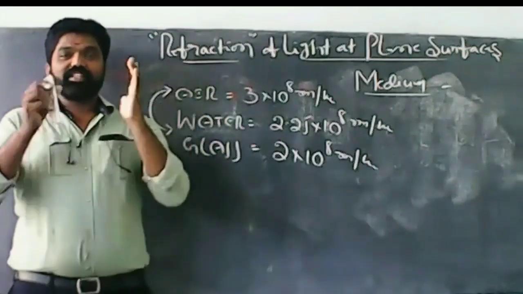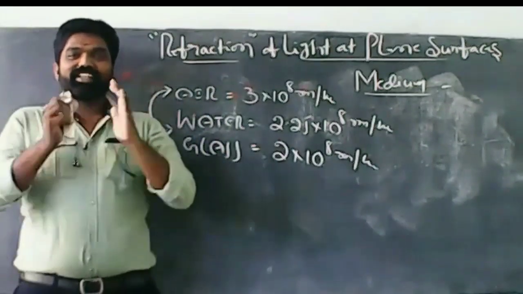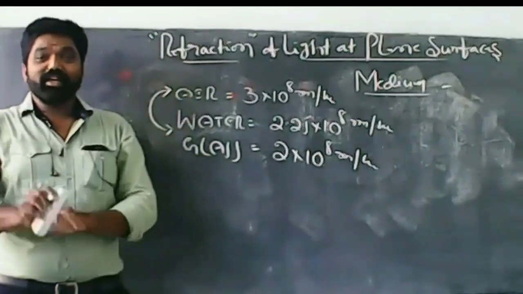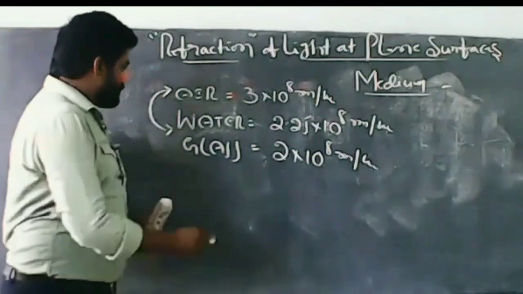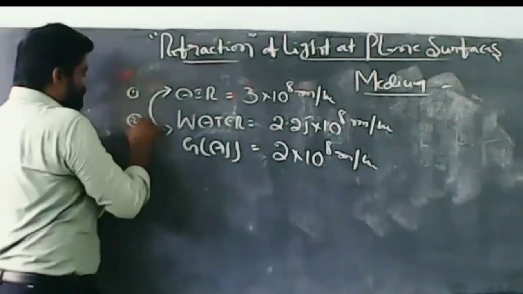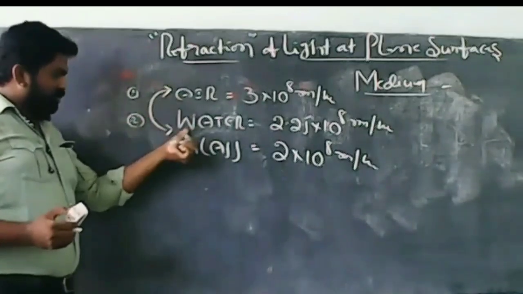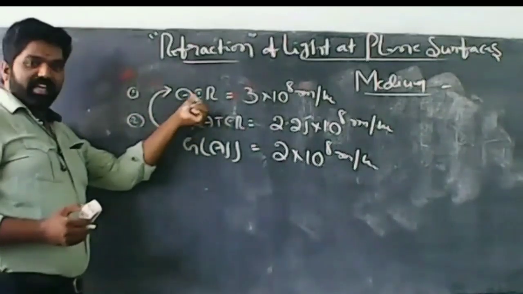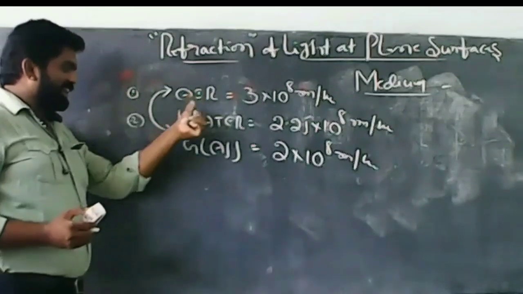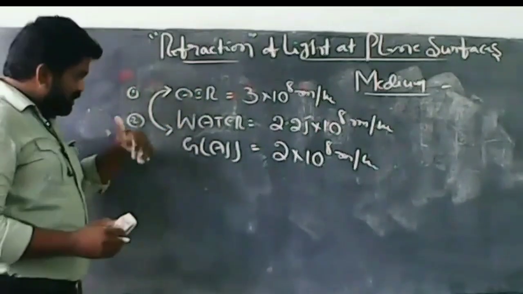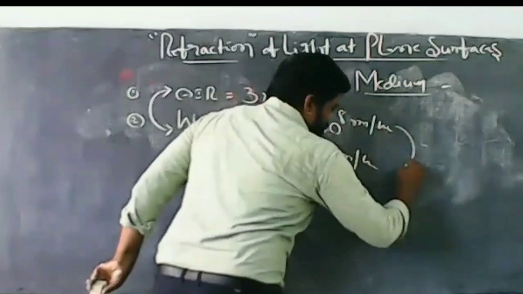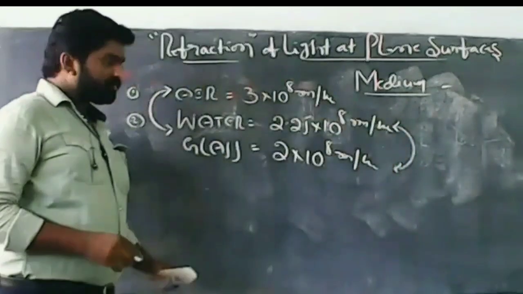In the substance where the velocity of light is more, that is the rarer medium compared to the second medium. So this is medium 1, this is medium 2. Compared with water, the velocity of light in air is more, because air is rarer and water is denser.